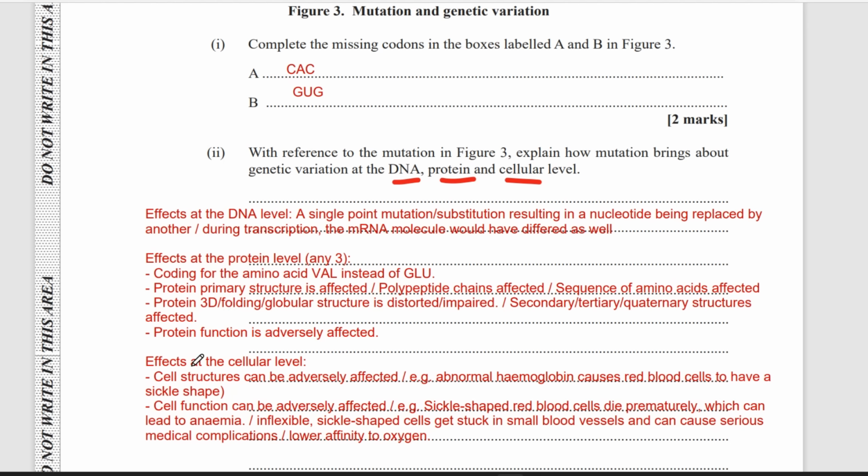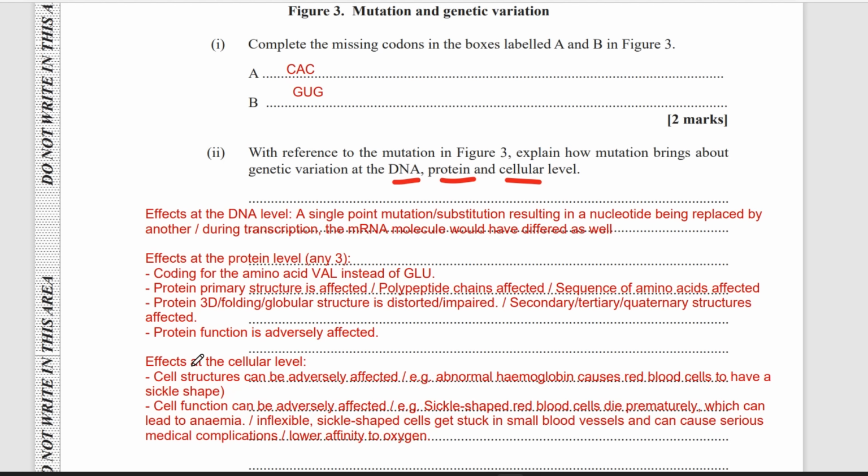So at the cellular level now, what they're talking about with this one mutation is sickle cell anemia. Sickle cell anemia is a hereditary disease, usually caused by a point mutation. One little thing coding for a different protein in the red blood cell.